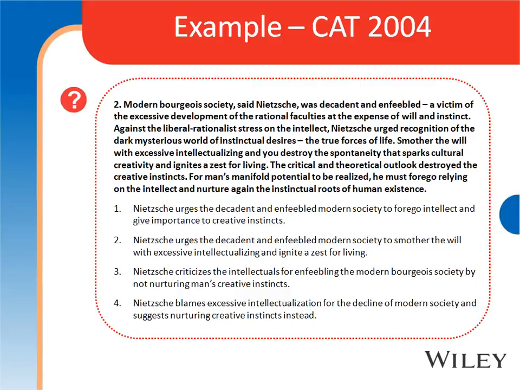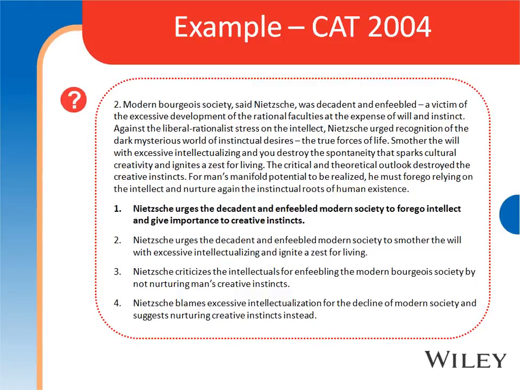So let's look at the options, right? First option, Nietzsche urges the society to forego intellect. Forego is very strong, and it says that we should forego relying on the intellect. It does not say that we should completely forego intellect. Just for this reason, I don't like this option so much.